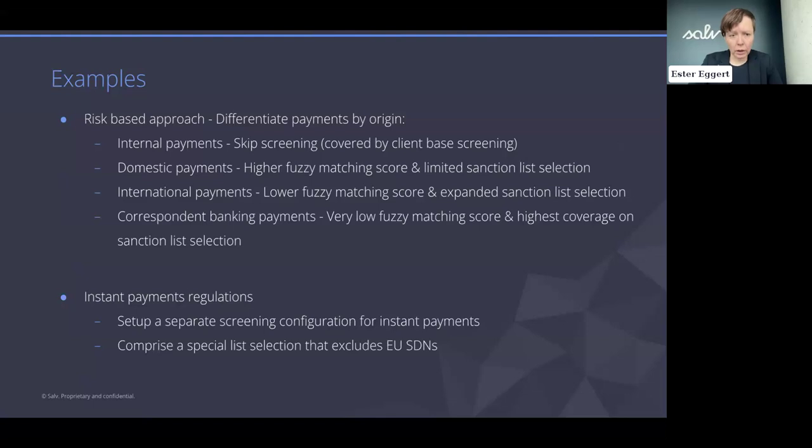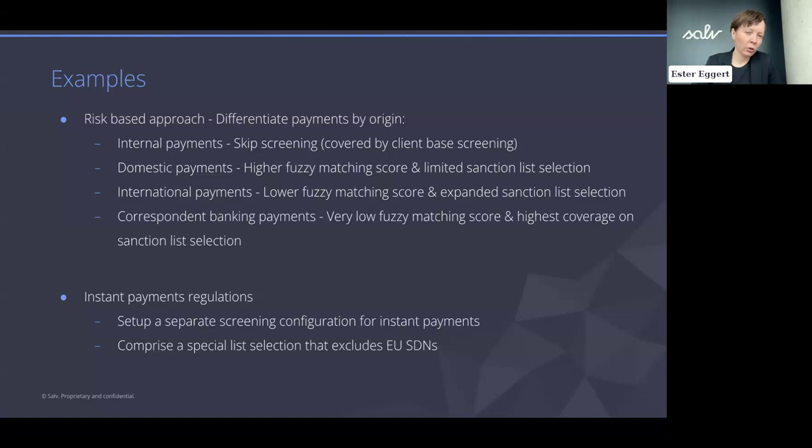I already explained some of the examples, so I won't go over all of it. An obvious one is internal payments, and perhaps not screening these, which would be allowed in most cases, and then applying different layers of controls for international payments. But a very good example from recent times is the new instant payments regulation that's coming into force scarily soon. It can be scary, but it's also an opportunity, as long as your technology allows you to comply with the regulation.